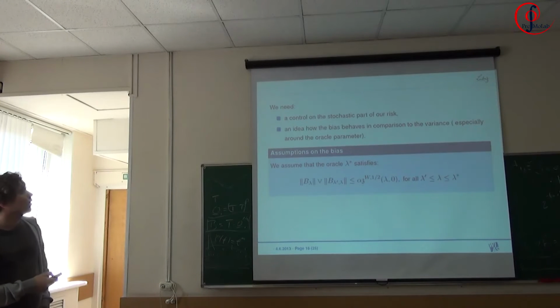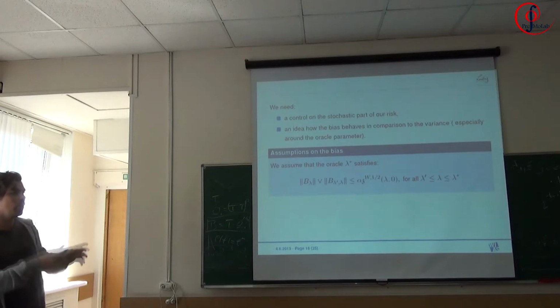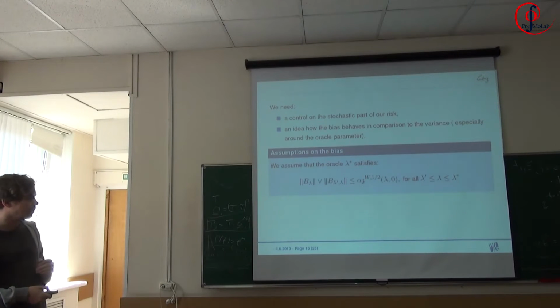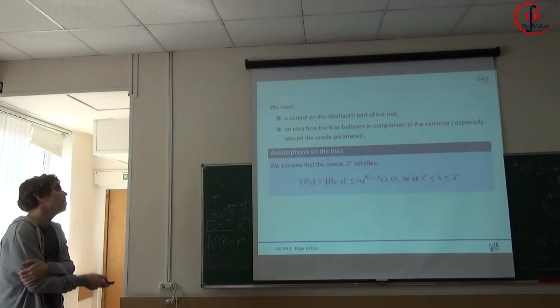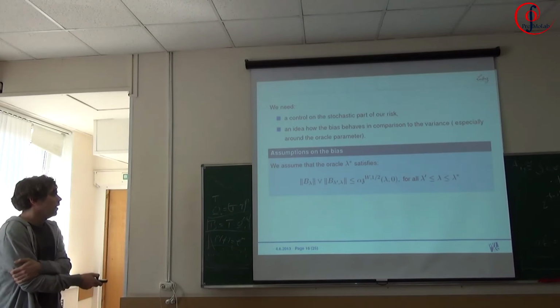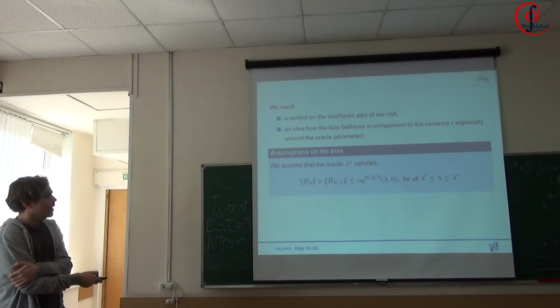So what we need is control on the stochastic part of our risk and an idea how the bias behaves in comparison to the variance, especially around the oracle parameter. We're just going to use the definition of our bias, no matter what kind of risk we are considering, and we consider this to be the stochastic variation, as we saw in the uniform bounds of the difference between two estimators.